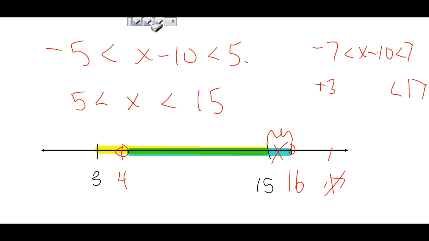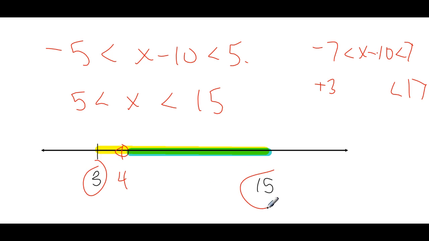Let me erase all this stuff down here we don't need anymore. We have to be between 3 and 15. All right. We are now back between the 15. We're lower than the 15.